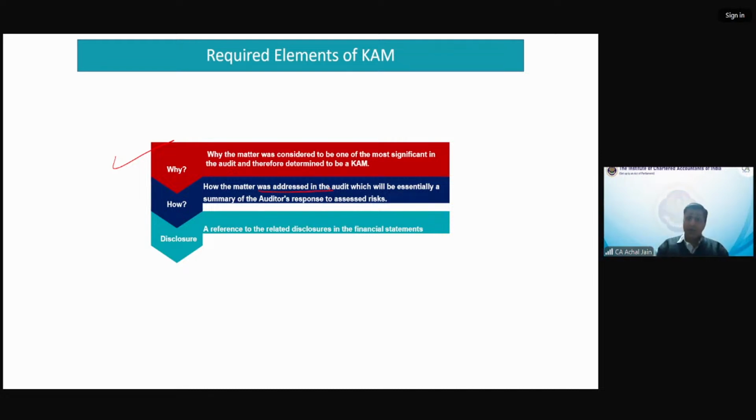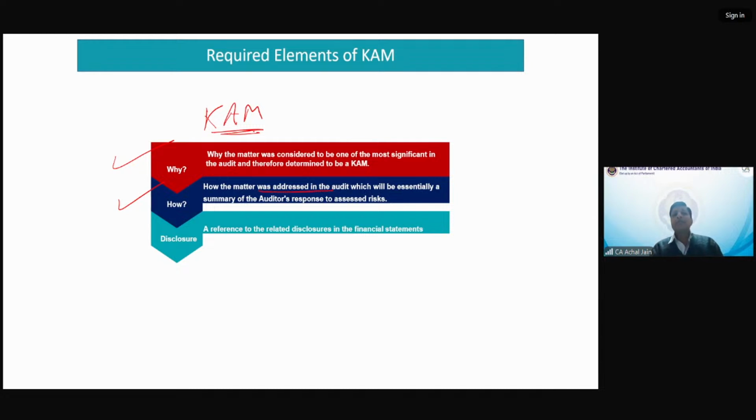So if the auditor has dealt with that matter, which the auditor has concluded to be a key audit matter, what have been the audit procedures of the auditor in respect of those matters? So that needs to be included in that CAM para.